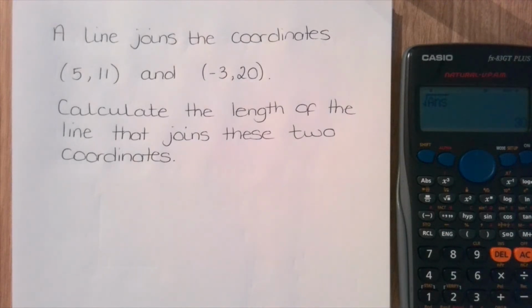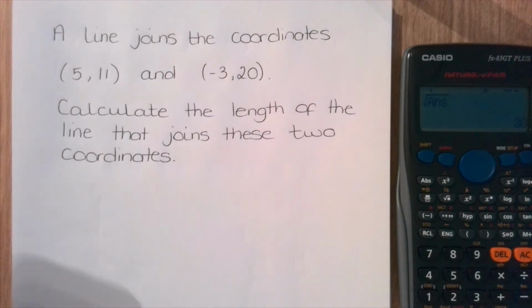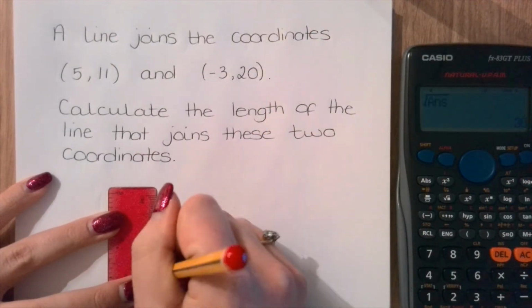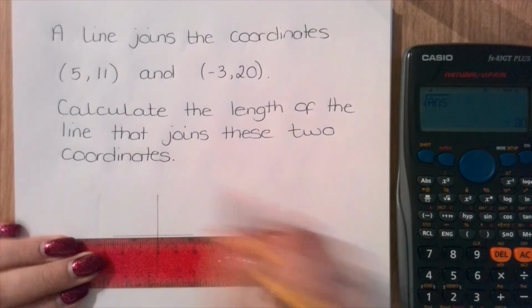Again, I've got no triangle and it's not clear to see what this actually looks like. So I'm just going to draw a very rough sketch as to what this may look like. That's a pencil, sorry. So, very small sketch here.